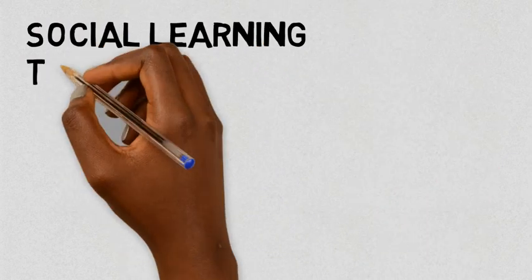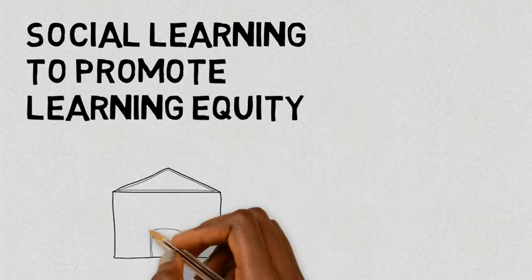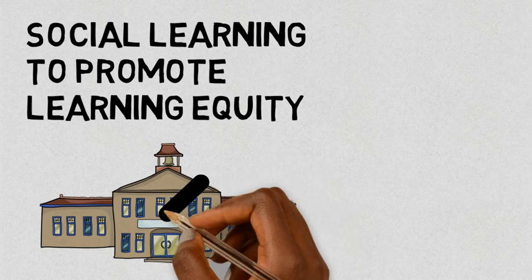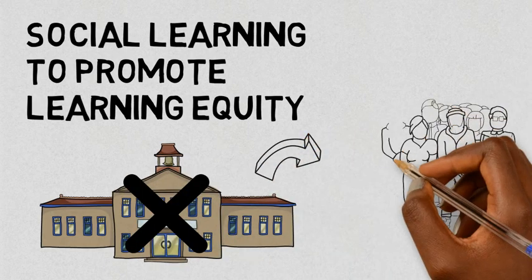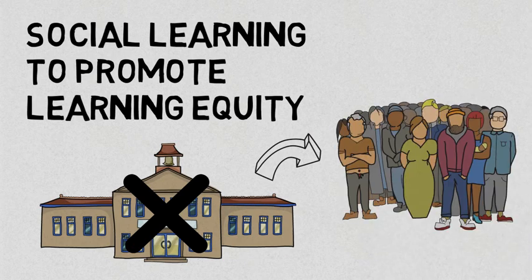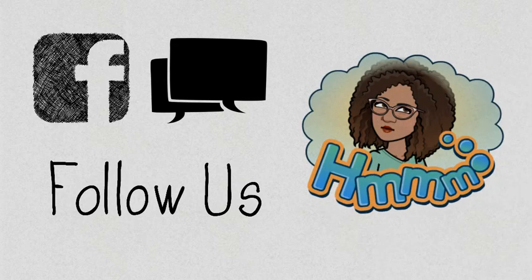TEACH promotes the idea of social learning to promote learning equity. The idea that knowledge is not owned by institutions, but instead the community, and should be shared freely and available to all. We believe that learning is most efficient when it is done as a community. Social media dominates every aspect of modern life, but why not education?